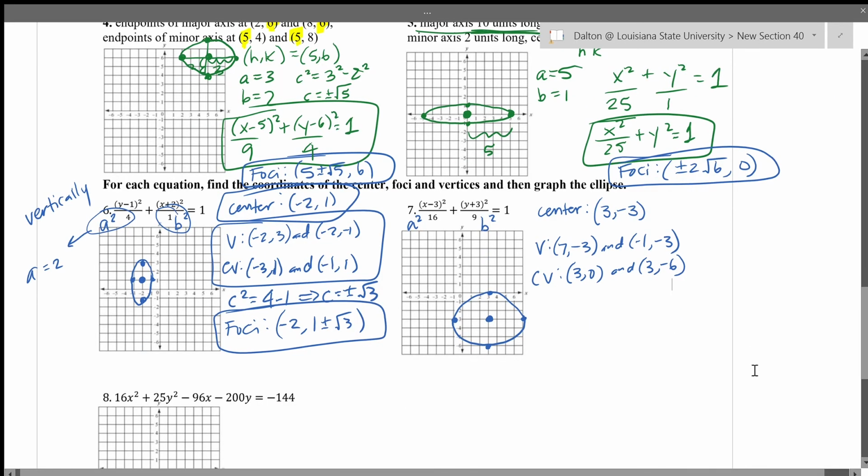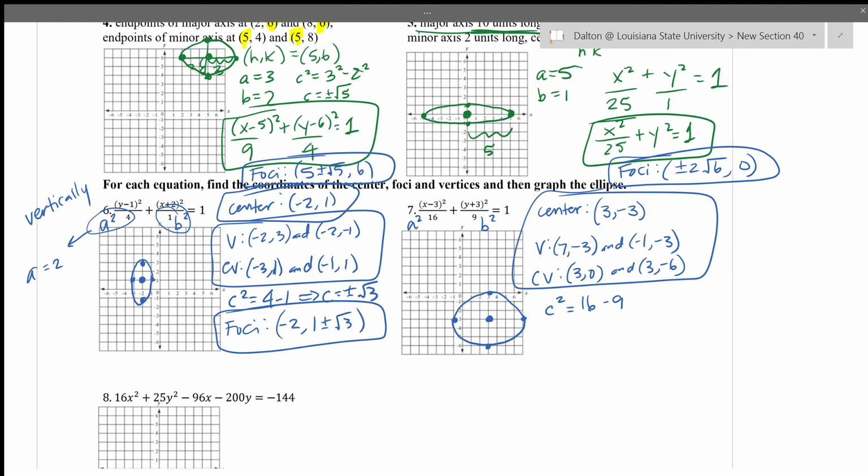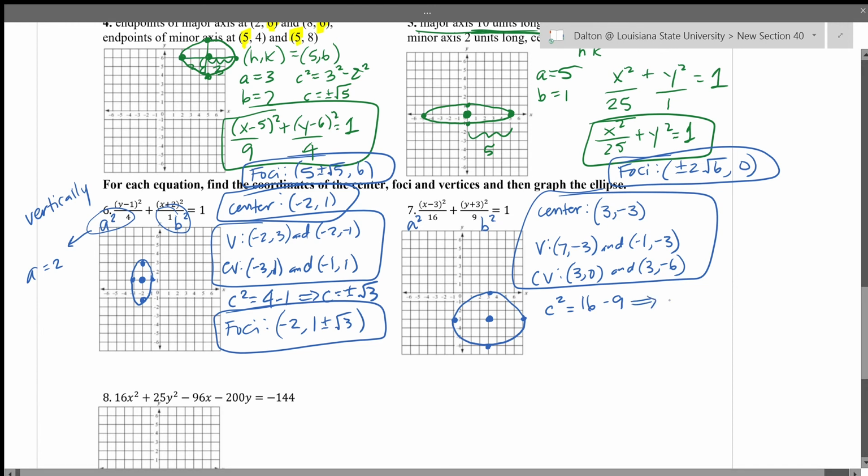Okay, so that takes care of the center point and the vertices. Last thing is the foci. So if we want to find C squared, A squared minus B squared will be 16 minus 9, which will be 7, I think. So that means C is going to be plus or minus the square root of 7.